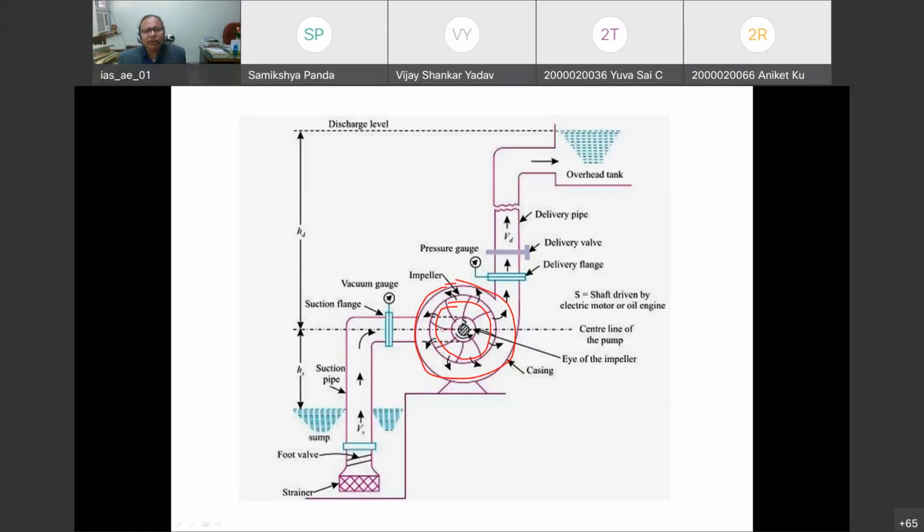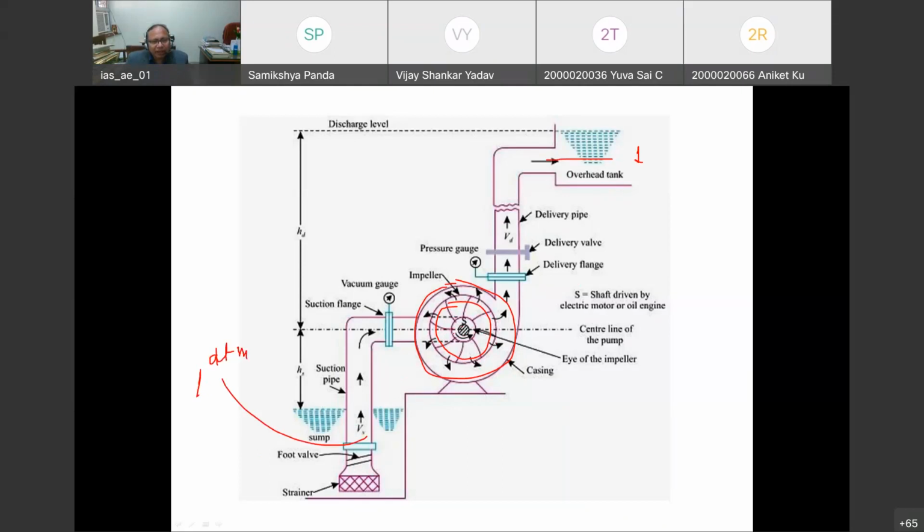If it starts rotating, what happens at the eye of the impeller, at the center? As you know, in the delivery line the pressure is generally 1 atmospheric pressure.